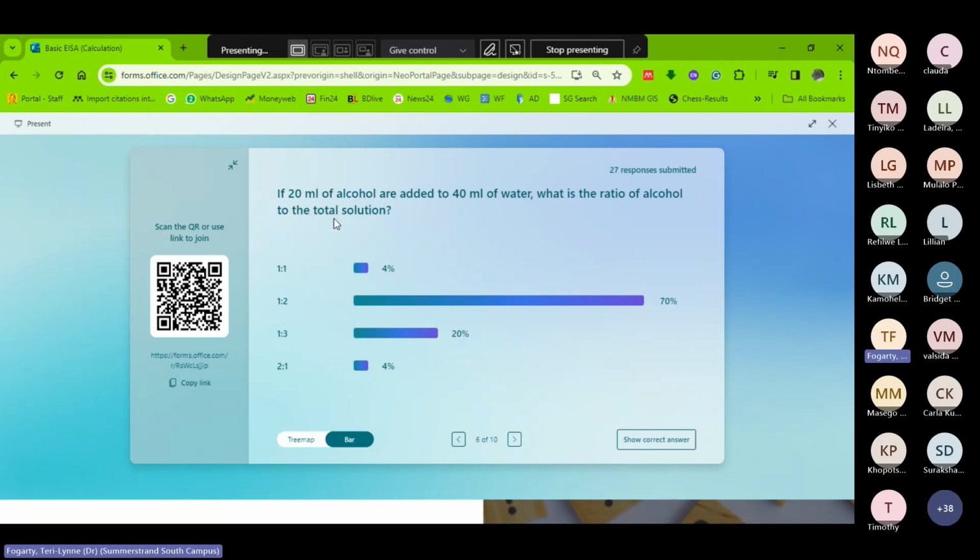Okay. If I say, what is the ratio of alcohol to water? What is the correct answer? You can write that in the chat if you want. What is the ratio of alcohol to water?